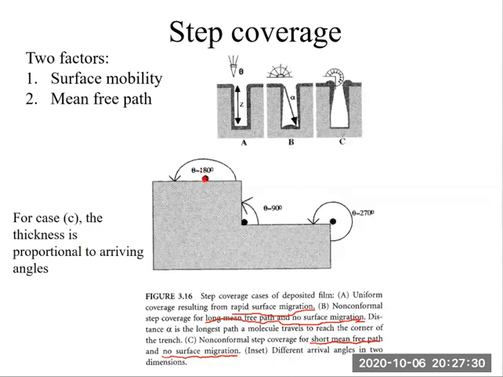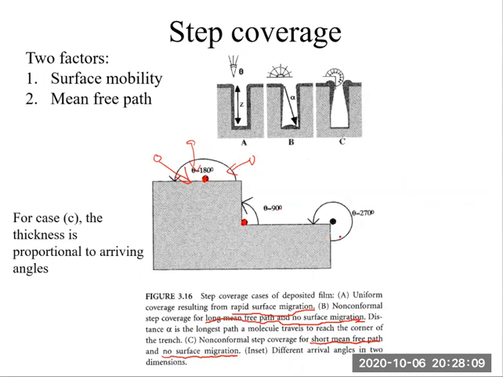For example, for this point, which is on a planar surface, its arriving angle is 180 degree. Namely, the atoms or molecules can arrive from 180 degree. On the other hand, the arriving angle of this corner is only 90 degree.